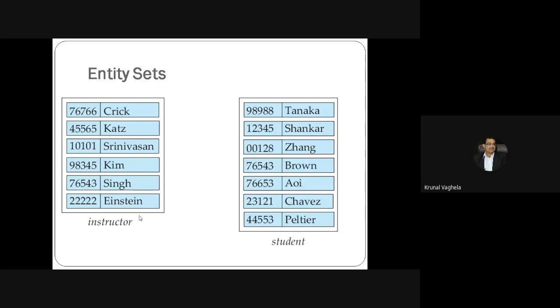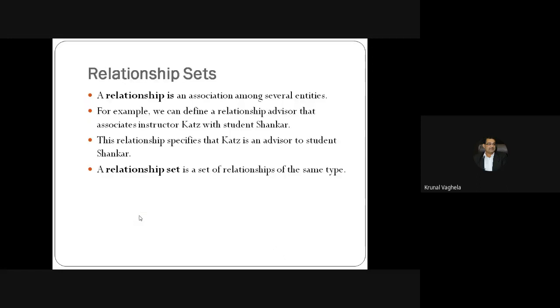And the entire collection of all the instructors is an entity set, right? On the right hand side also, Tanaka, Shankar, Zhang, Brown, Oy, Chavez, Peltier, all these are individual students. So individually they are entities, and together they are an entity set. So set of students, set of instructors are entity sets.